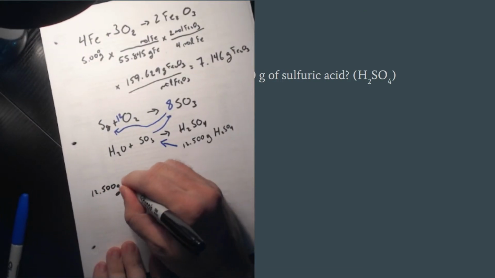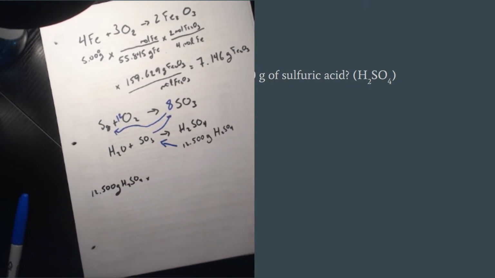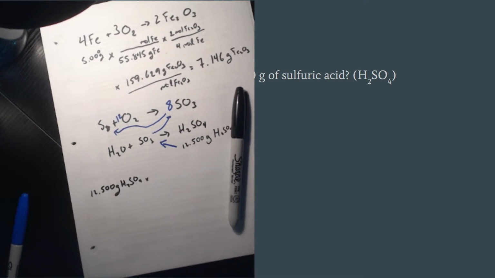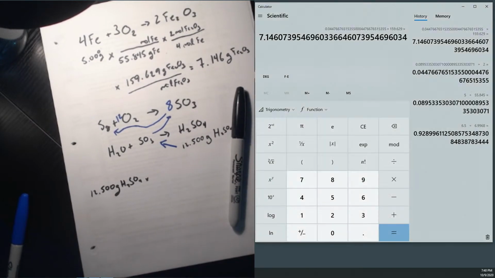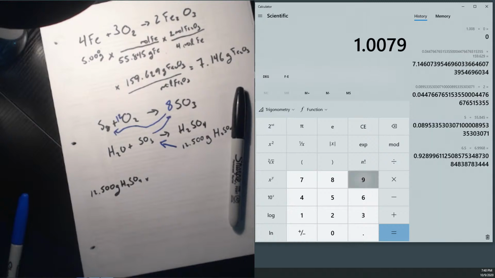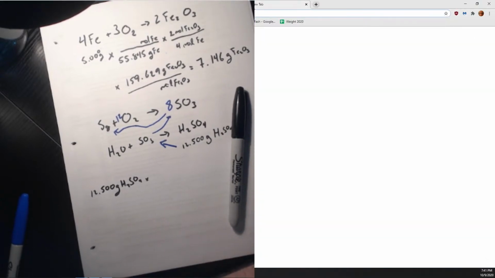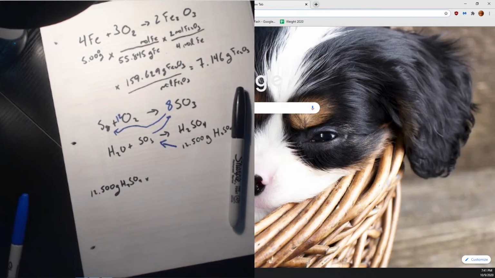So 12.500 grams of H2SO4 times, I don't know the molar mass of sulfuric acid off the top of my head. I know it's almost 100, but 1.0079 times 2 plus, let's see, bring up the periodic table. Come on, table.com.